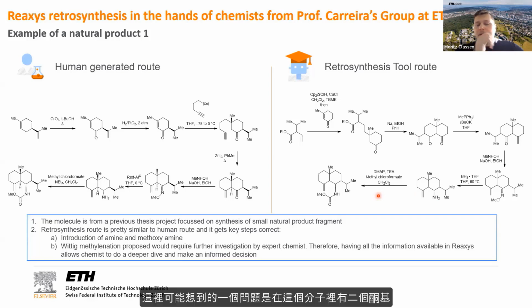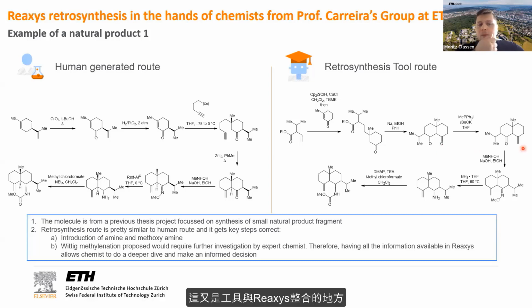The one question that probably comes to mind here is we have a diketone in this molecule and have to perform a selective olefination on one of them. This is again something where the integration of the tool into the Reaxys environment comes in very helpful, because if we ask ourselves the question, is this potentially possible?